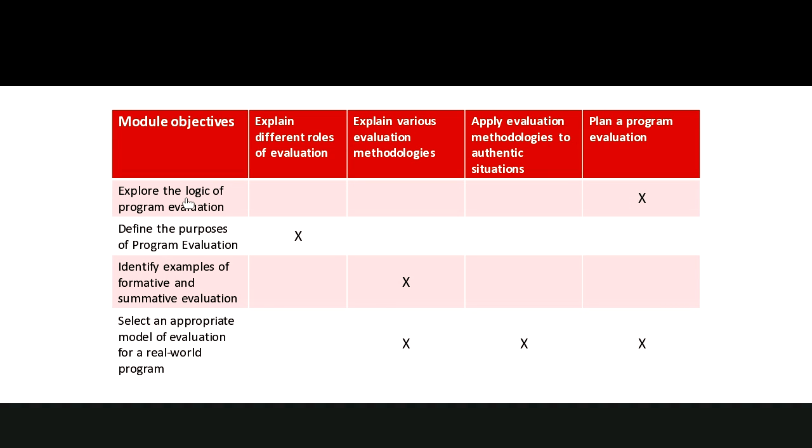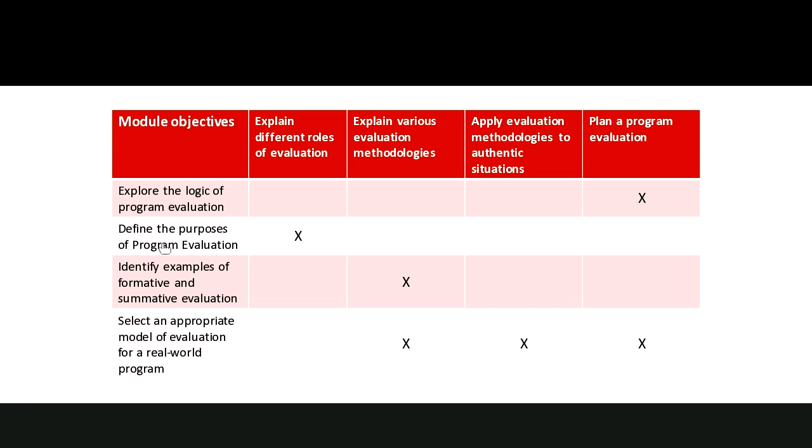And you can start with the same phrase when you write a module level objective that we used for our course level objective, only you tweak the language a little bit. So you could say, by the end of this module, you will be able to explore the logic of program evaluation. By the end of this module, you will be able to define the purposes of program evaluation.